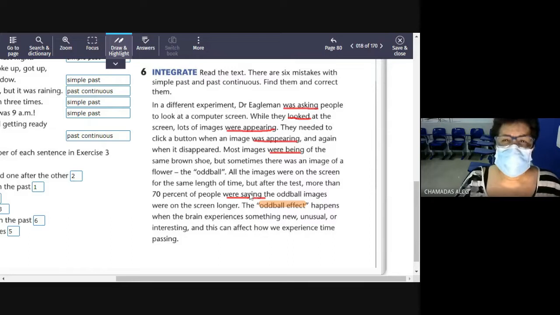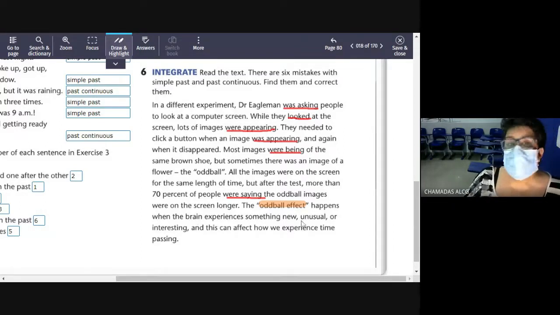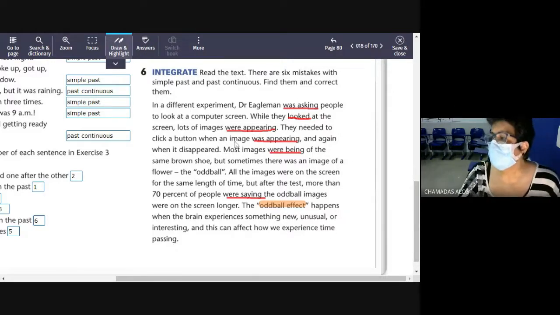Said. The oddball effect happens when the brain experiences something new, unusual, or interesting. And this can affect how we experience time passing. That's okay. All right, people.